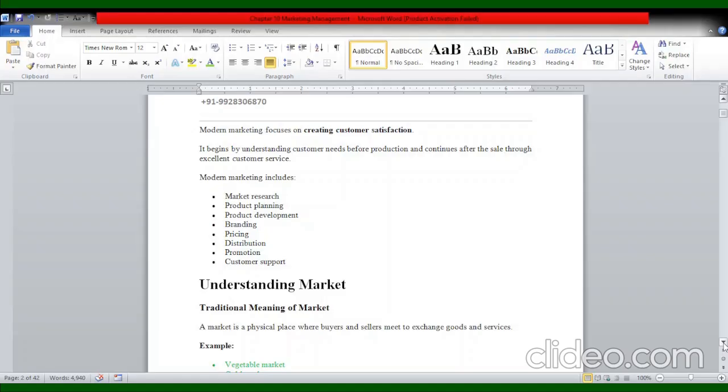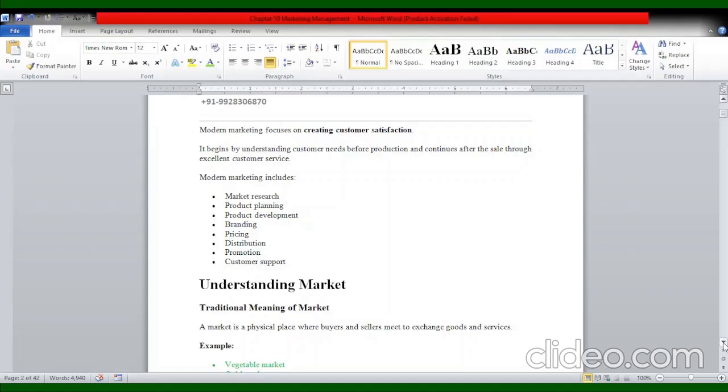Once you have purchased the AC, after-sales service is also provided from time to time, in terms of AC service, AC repair, AC cooling, and AC gas filling. So these are the after-sales services that are provided from the customer's point of view; they are fulfilling the needs of the customers and delighting the customer by providing after-sales service.